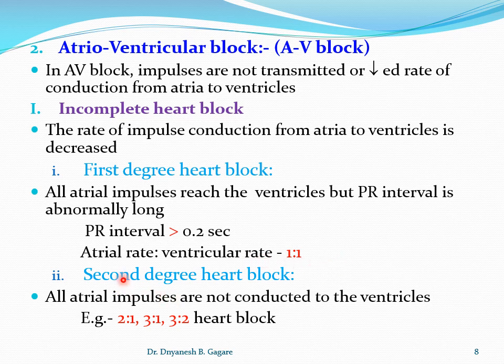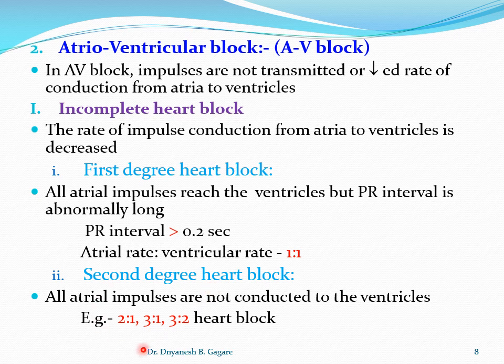Okay, now coming to the second degree heart block. Here under this condition, all atrial impulses are not conducted to the ventricles. Accordingly, second degree heart block is divided into 2:1, 3:1, 3:2.